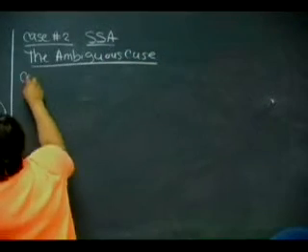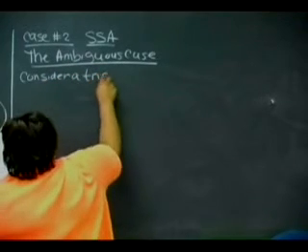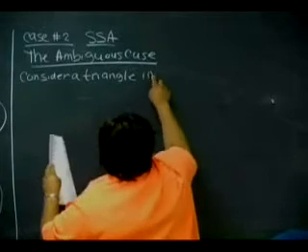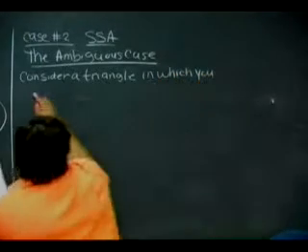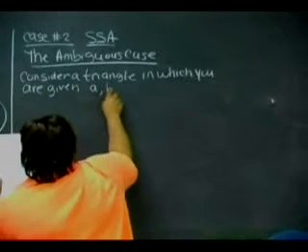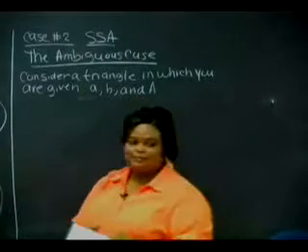Okay, we want to consider a triangle in which you are given little a, little b, and some angle A. Okay?